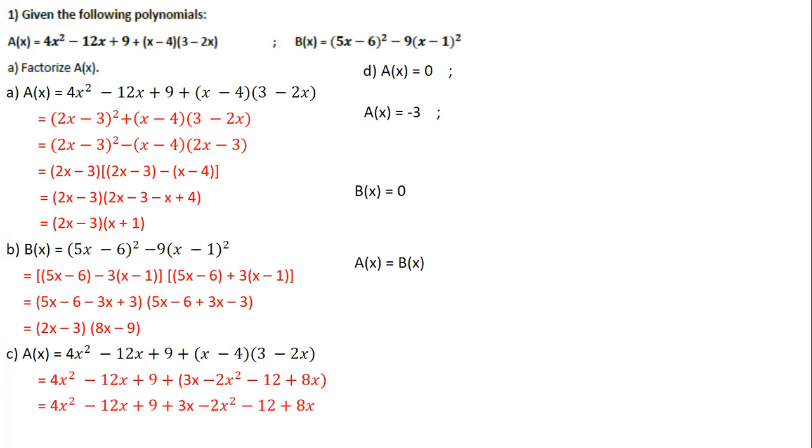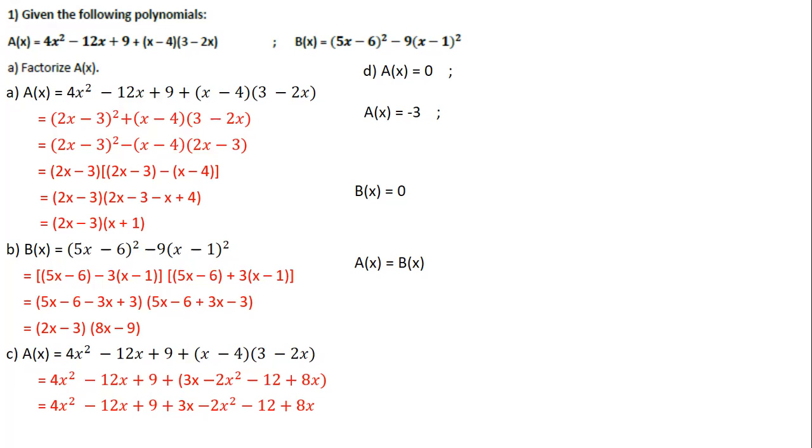Now let's reduce, Mariam. 4x squared minus 2x squared is how much? Minus 2x squared. Why minus, Mariam? 4 minus 2 is how much? 2. 2x squared.